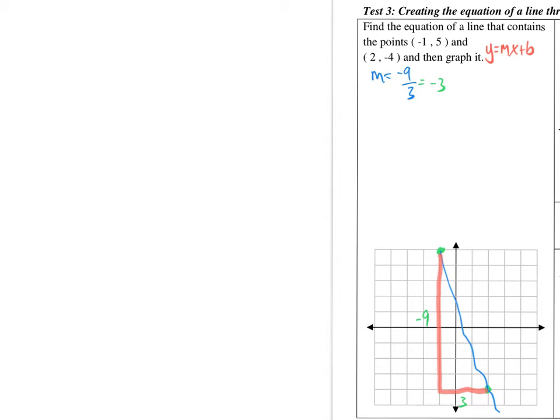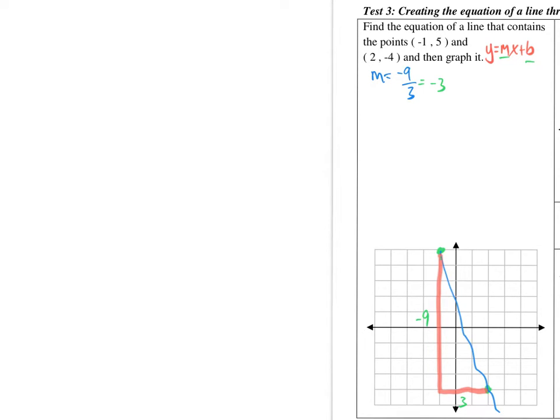From that slope, can you use your slope to help you find your b? Because those are the two things we need, right? M and b. So could we use the slope of -3, or -3 over 1, and just walk it over until we hit the y-intercept?